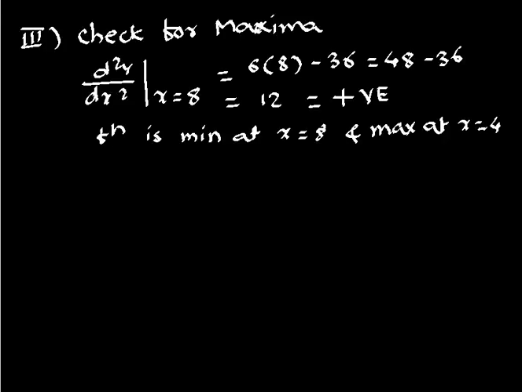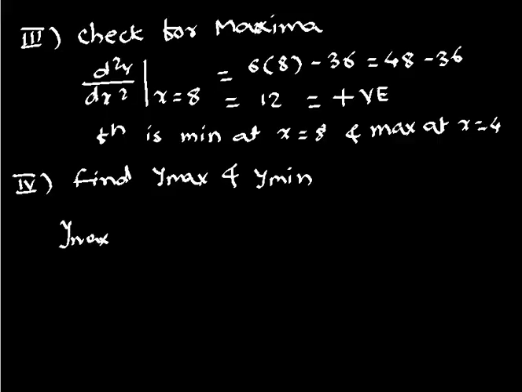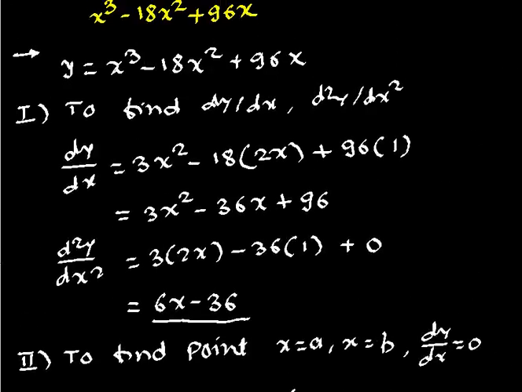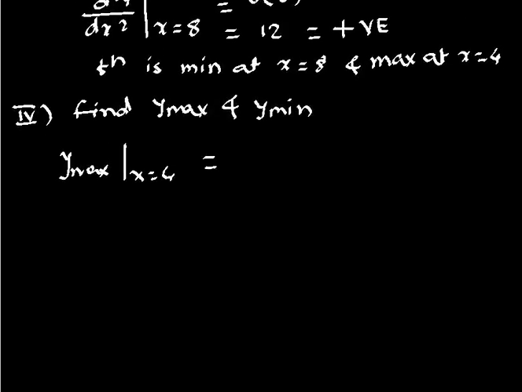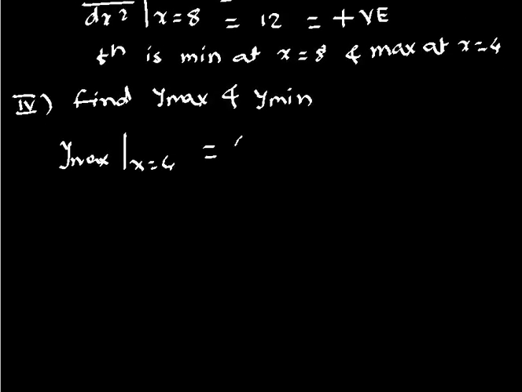The fourth step, the last step, is to find y maximum and y minimum. We have found the x points. Now let us find the y. So y maximum will be at x is equal to 4. We put x is equal to 4 in the original equation, x cube minus 18x square plus 96x.